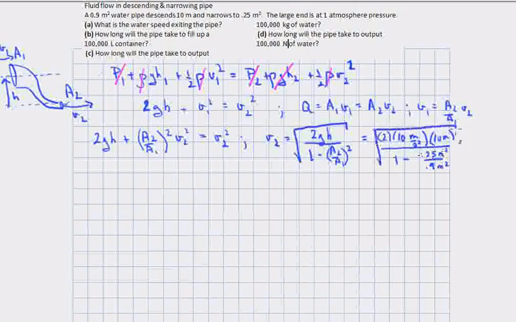And that turns out to be 14.7 meters per second. That's A.